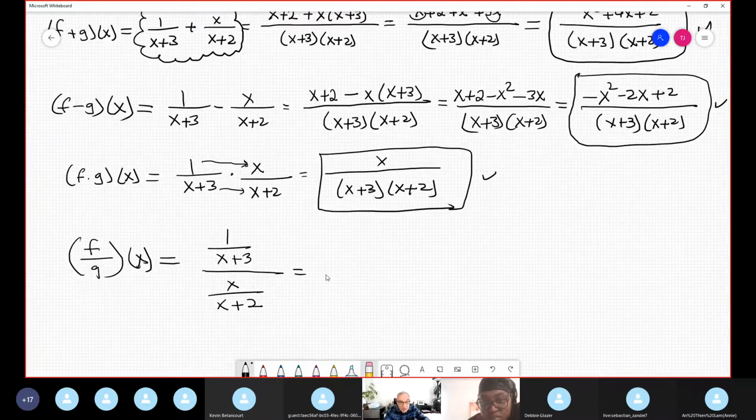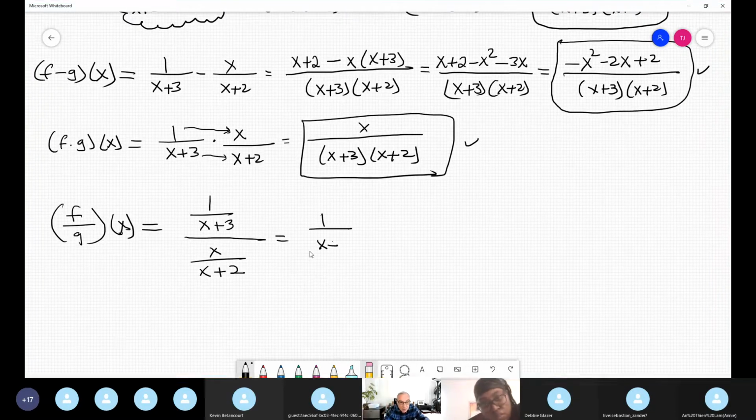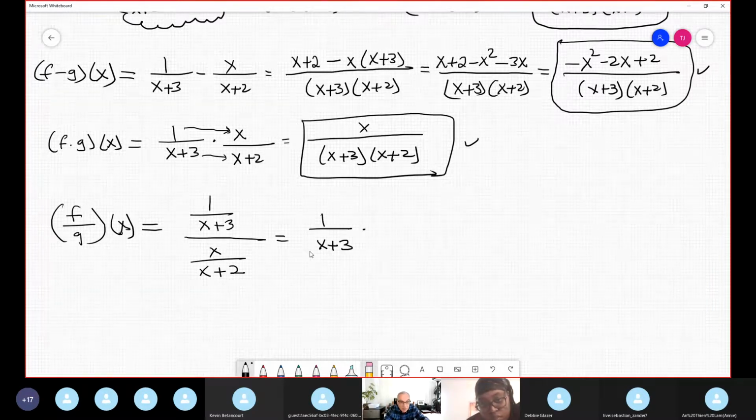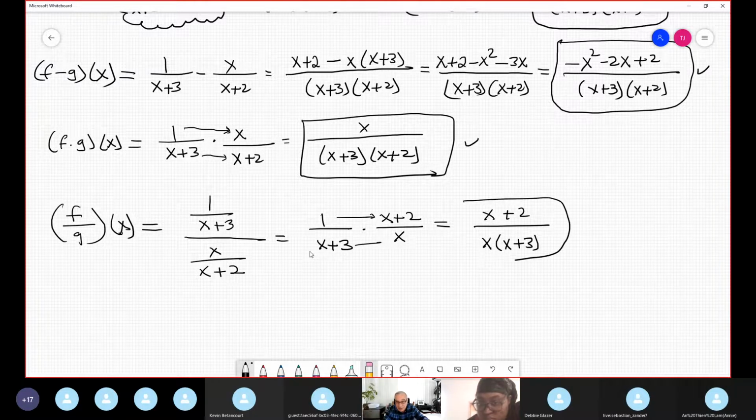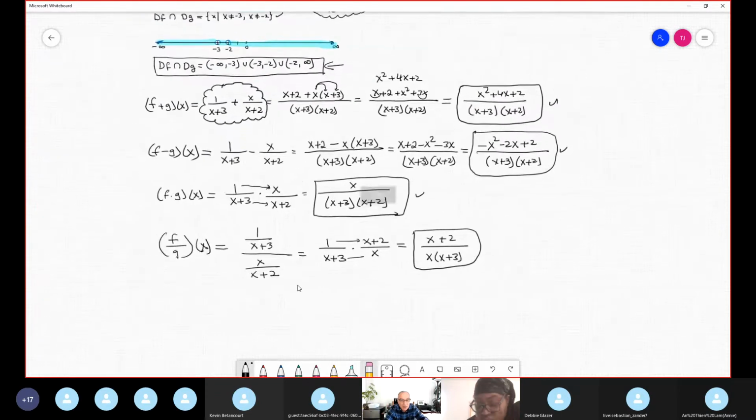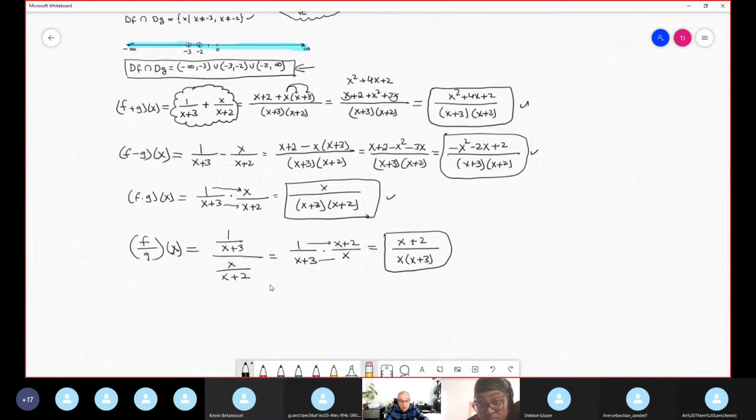You copy exactly the same numerator and flip the denominator, the fraction in the bottom. So again, multiplication: x plus 2 times 1 stays the same over x plus 3 times x. This is the expression, but for the domain, remember, sometimes you need to fix it a little bit, because division is picky.